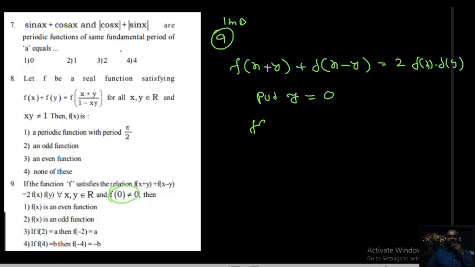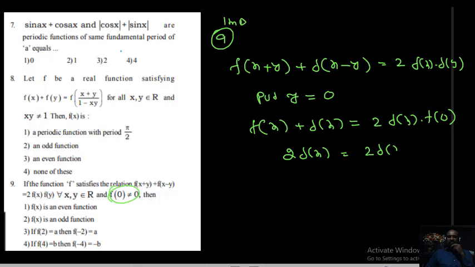What happened? f of x plus f of x, 2 times f of x, equals 2 times f of x into f of 0.